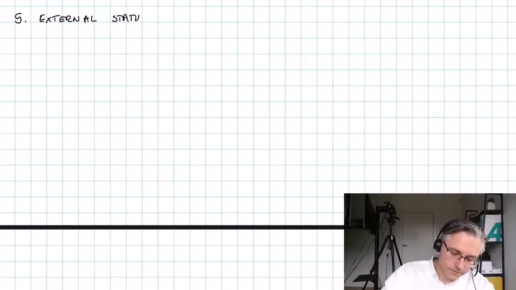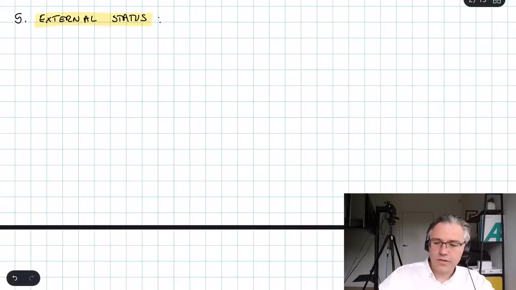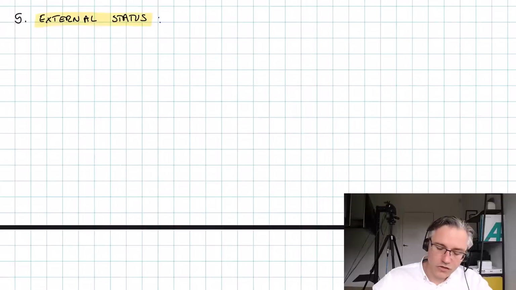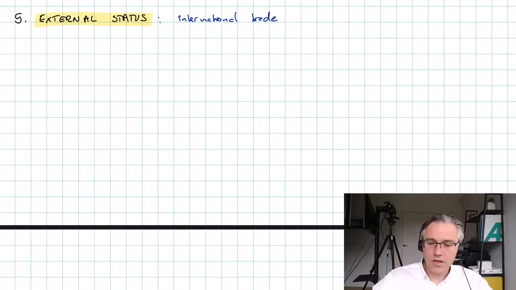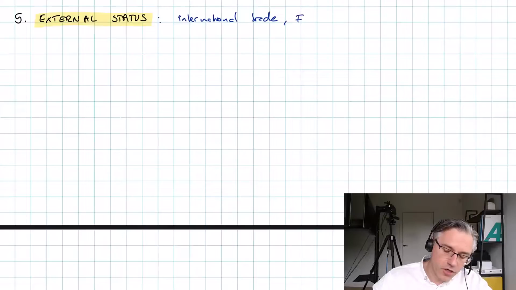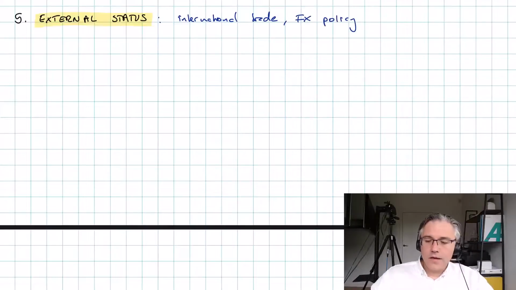This comes as a result of your position in terms of international trade, how important you are as a trading partner to the rest of the world, but also, very importantly, foreign exchange policy, which will impact your ability to service debt.